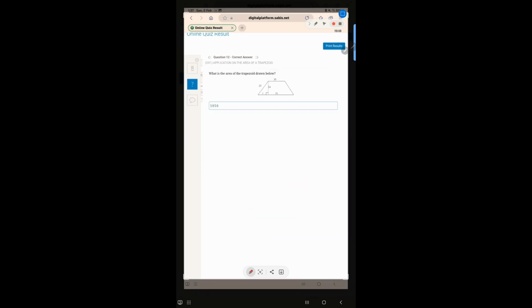Okay, so for the area of a trapezoid, it's base 1 plus base 2 over 2 all times the height.